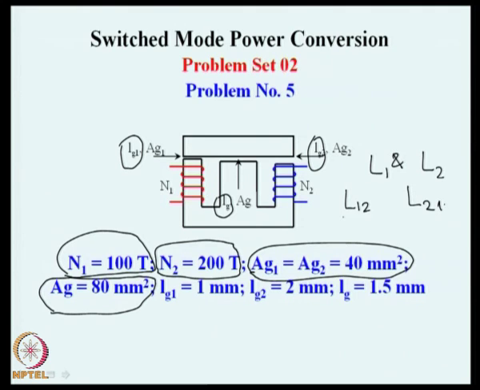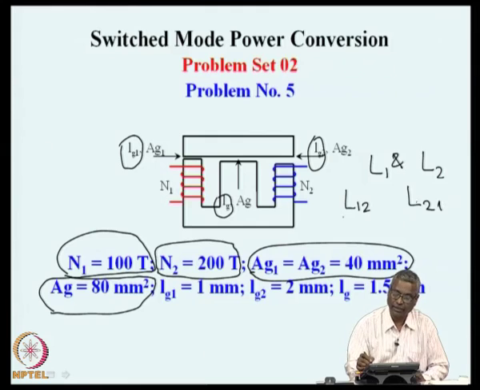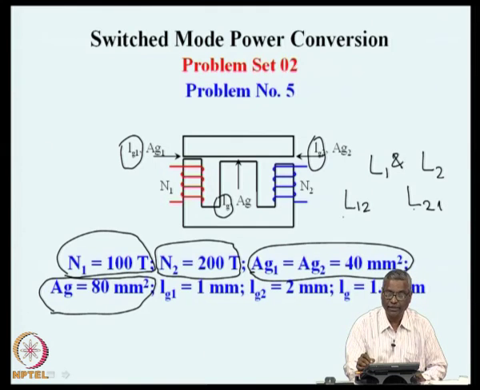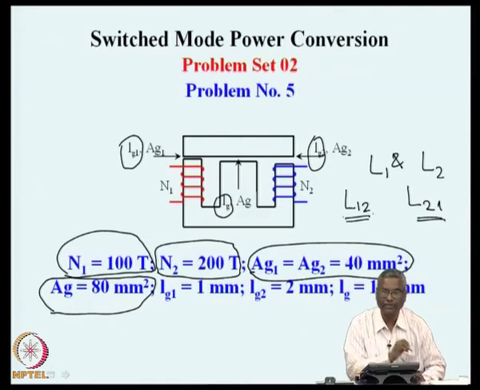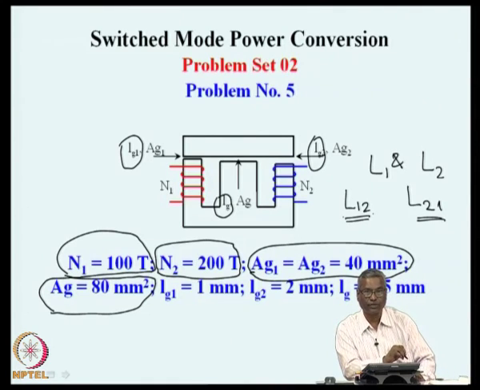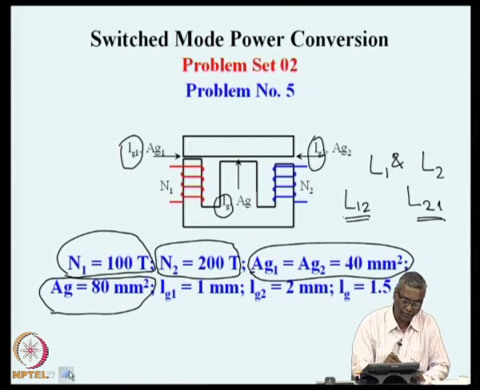What is the mutual inductance on winding 1 on account of current in the second winding, and the mutual inductance on winding 2 on account of current in winding 1. So, these are the mutual inductances. So, we wish to evaluate these quantities. So, let us see how we get these numbers.